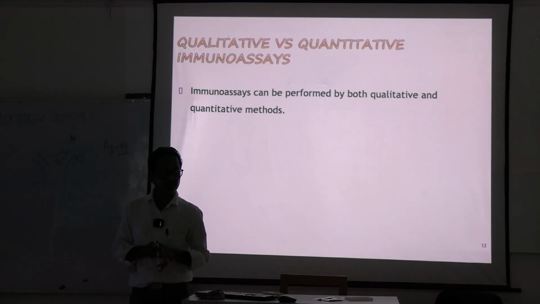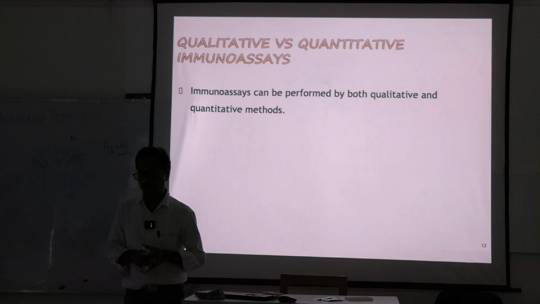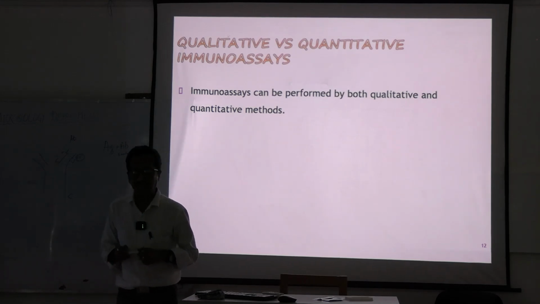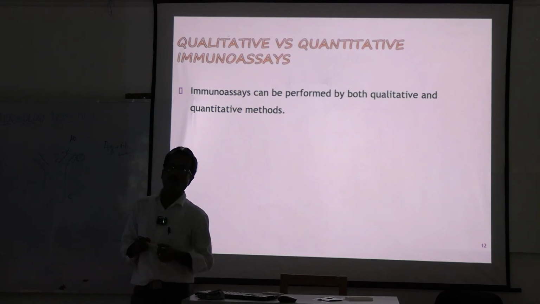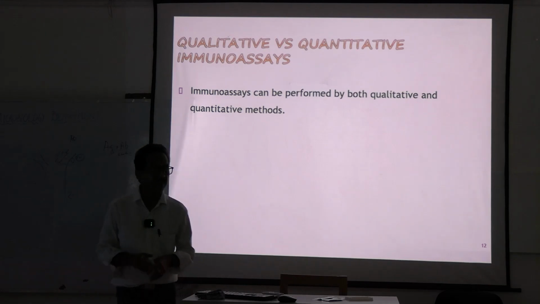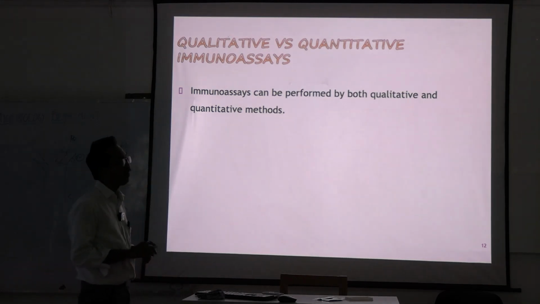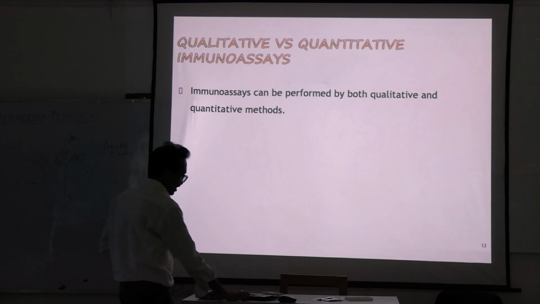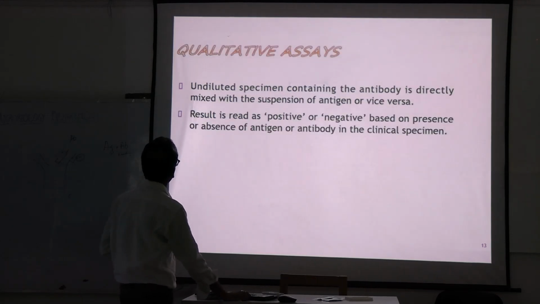What we usually do in the lab when doing a slide test is semi-quantitative. Typical quantitative should be done in the tube agglutination test. When you do a slide agglutination test, we go for semi-quantitative. Serial dilution of the serum is done, and antigen or antibody is added. That is quantitative.